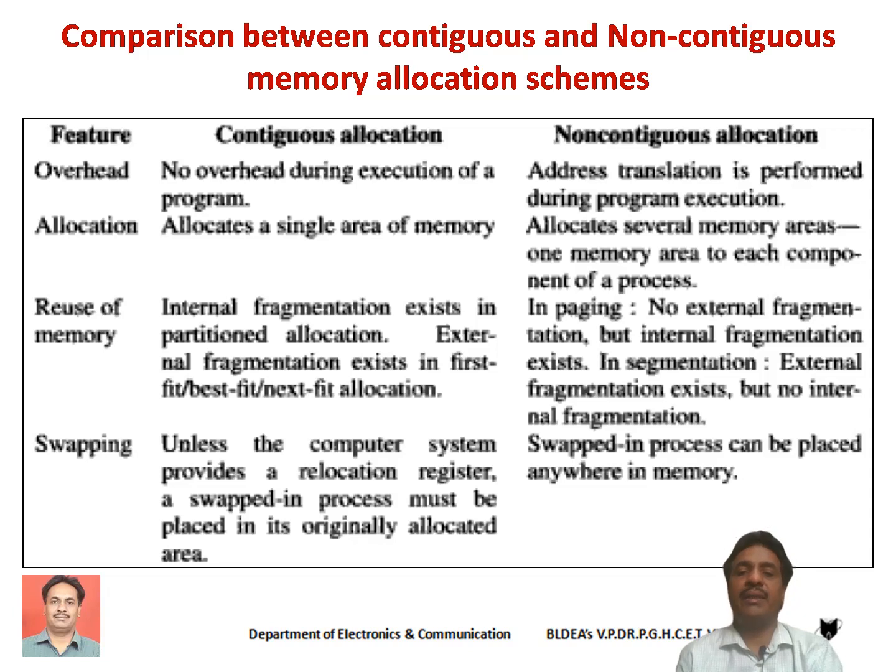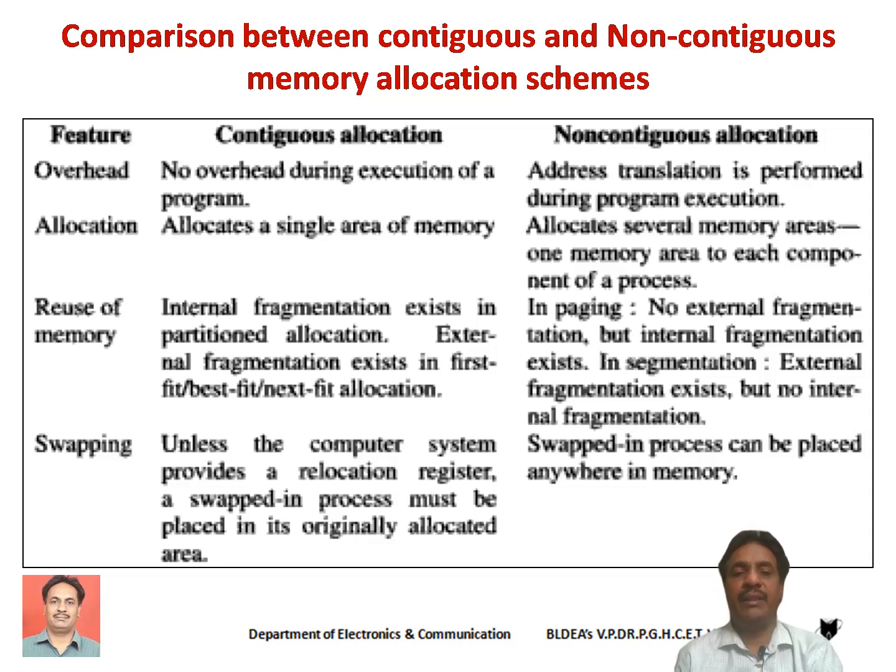But in the case of non-contiguous allocation, there will be some overhead, because we distribute the different components of the program into different parts of the physical memory. That's why we need to convert logical address into physical address, and for this address translation, there will be some execution overhead.